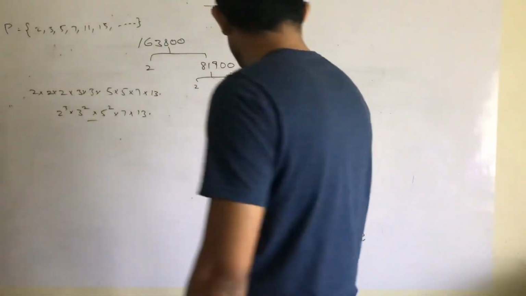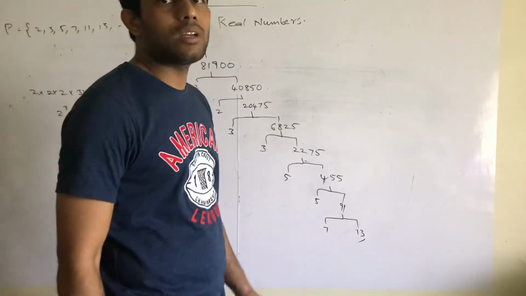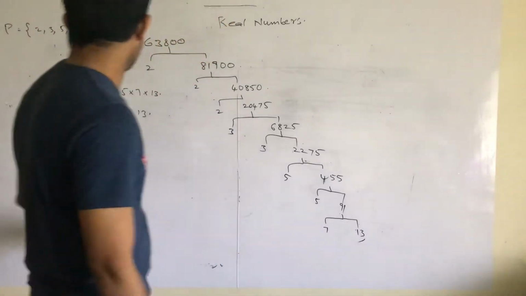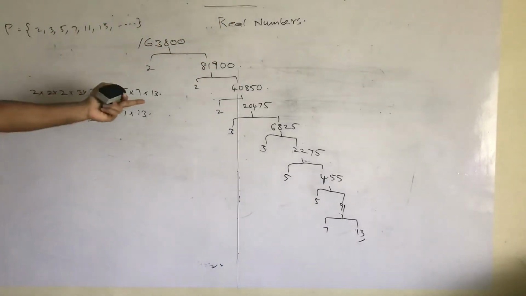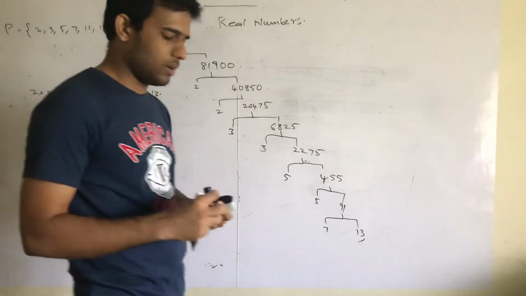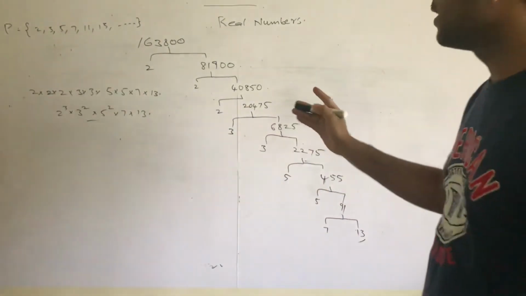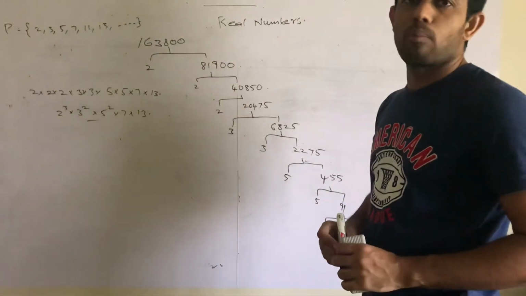So like that until you get a last number which is a prime, which is not further divisible. And when you write all the multiplications you get, you can write them in terms of the powers of a prime number. Okay, so this is very important to understand how you can write a number into prime factors.